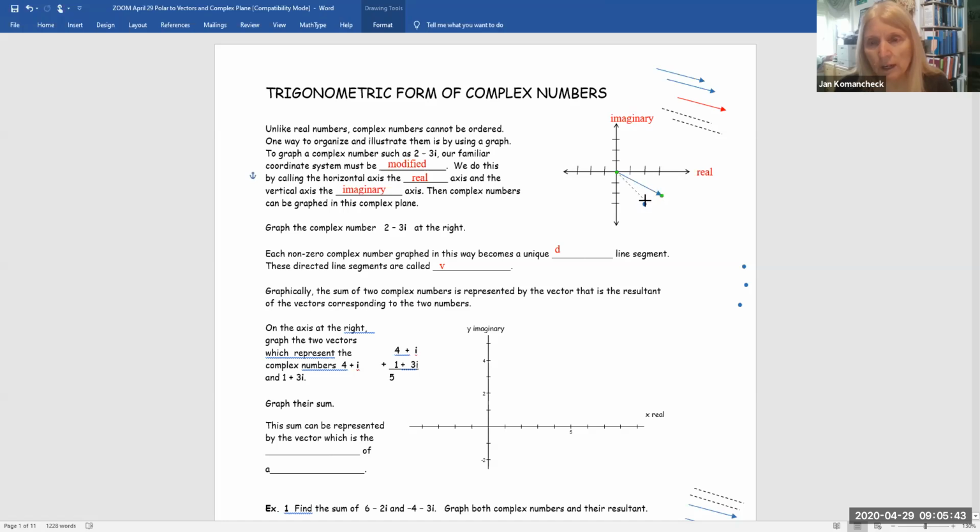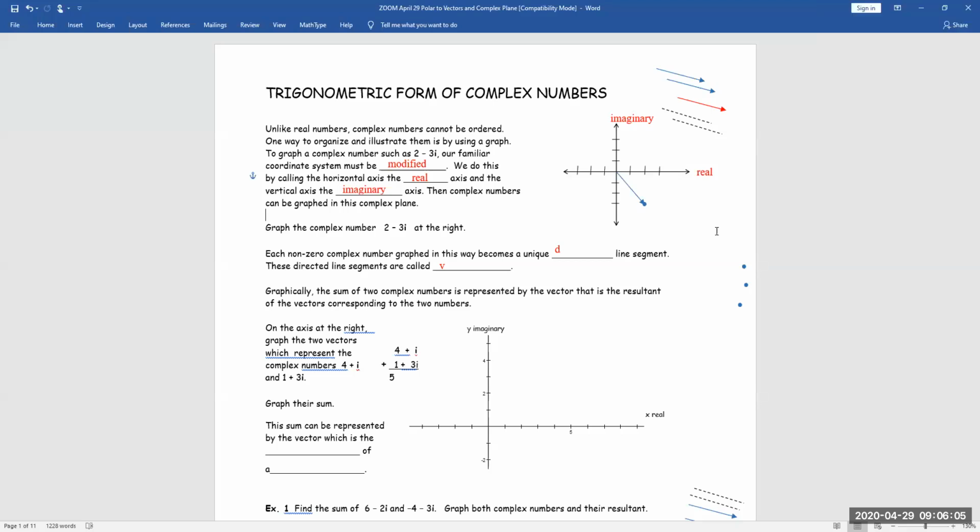I have to draw an arrow to that point. And now I have graphed the number in the complex plane. The number itself is that point, but the arrow represents something very specific.